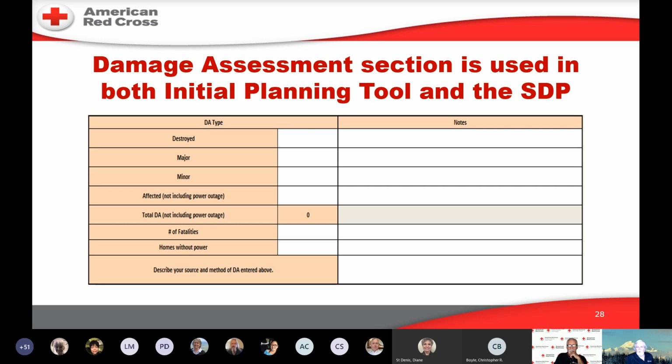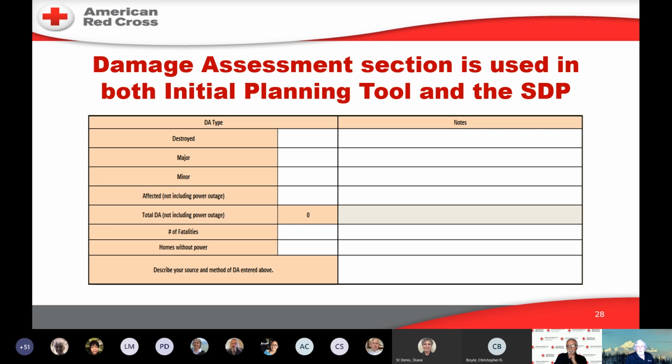Homes without power, that should be in there. Again, that's where it can be affected. In the case of evacuations, you may have people who are cleared out of an area, they don't have power, they can't go back in, and they can affect your feeding and your sheltering, albeit for a briefer period of time.